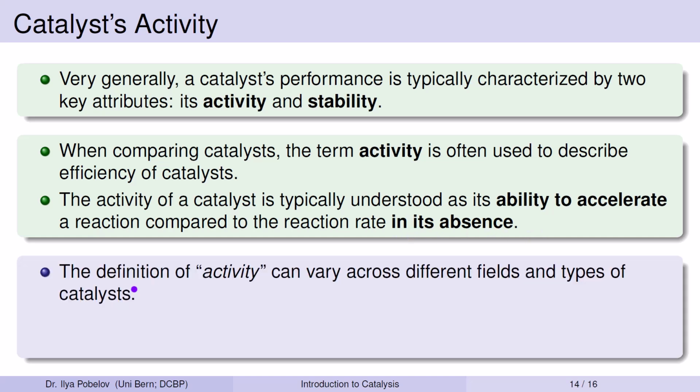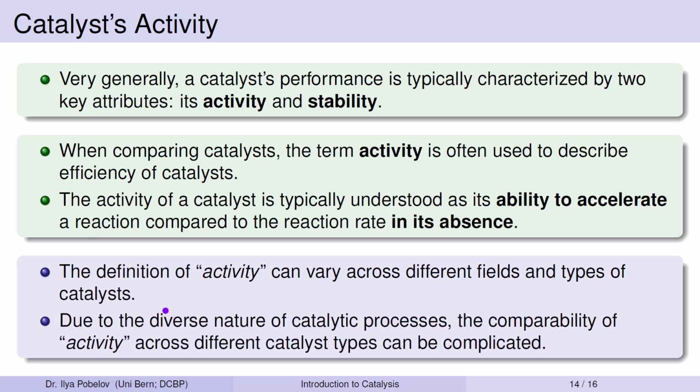However, the definition of activity can vary across different fields and types of catalysts. Furthermore, due to the diverse nature of catalytic processes, the comparability of activity across different catalyst types can be complicated.